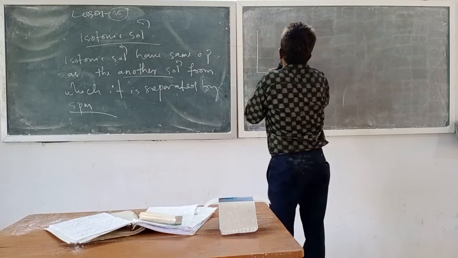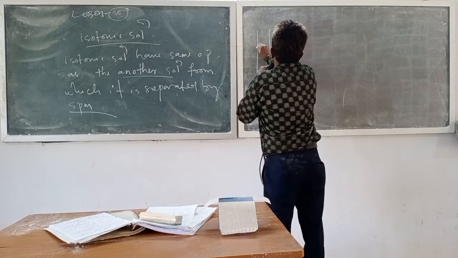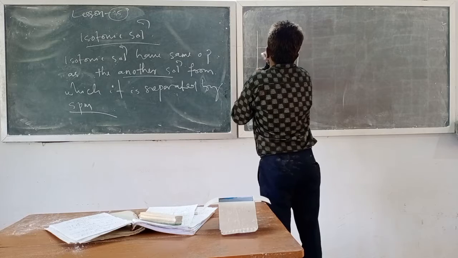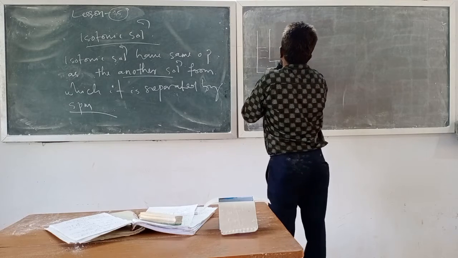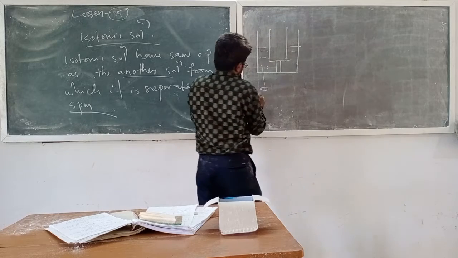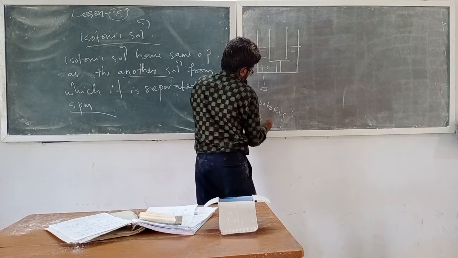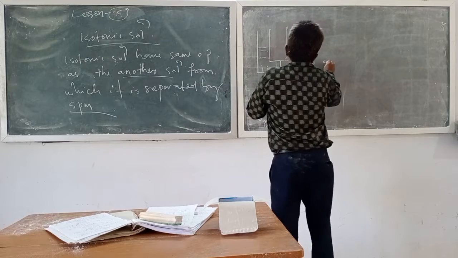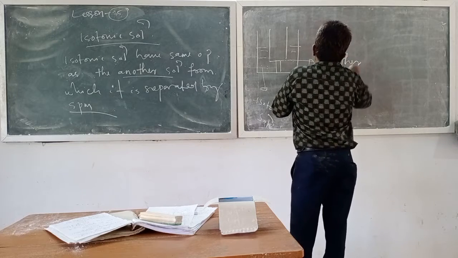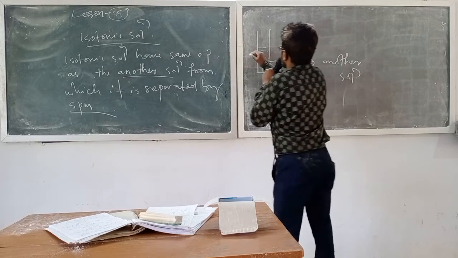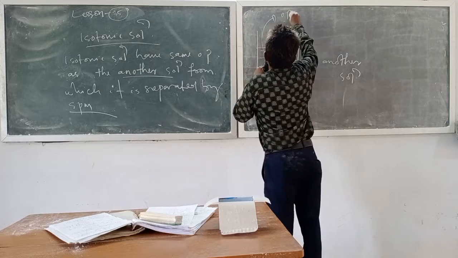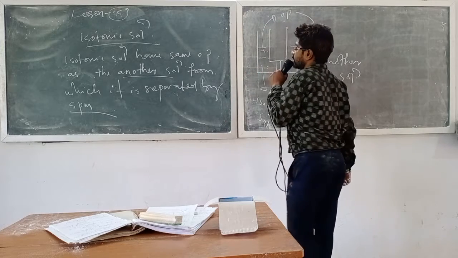Suppose this is the container, and here is the isotonic solution, and this is another solution, and its osmotic pressure is equal to this osmotic pressure.